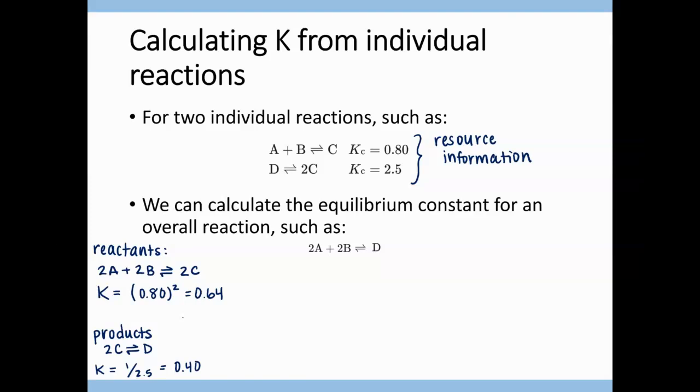So these two steps were to ensure that when we add these two reactions together, the 2A plus 2B forming 2C and 2C forming D, we will reach the overall equation that we're looking for. So we need to double check that that's correct. We'll add the reactions together.